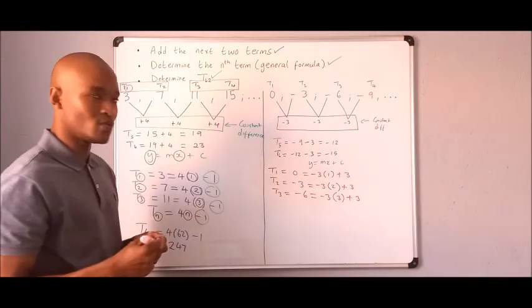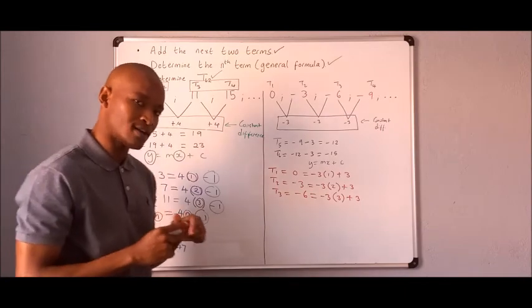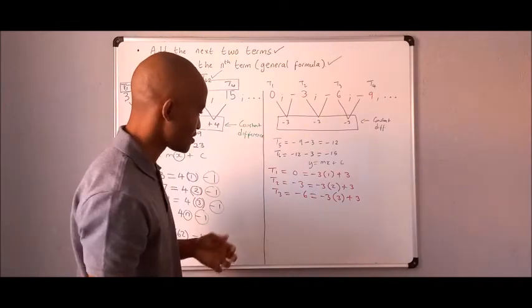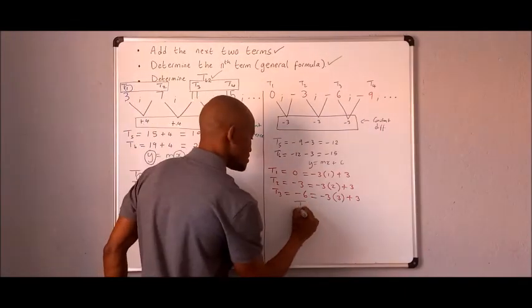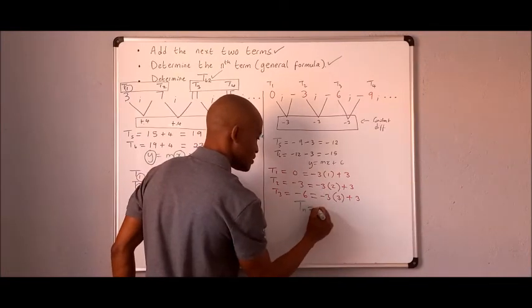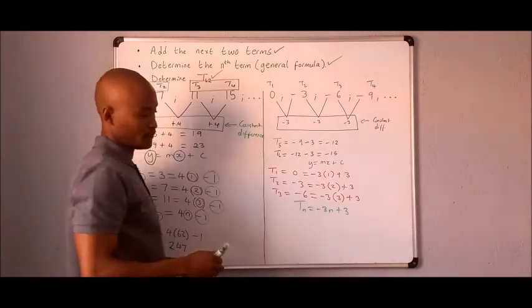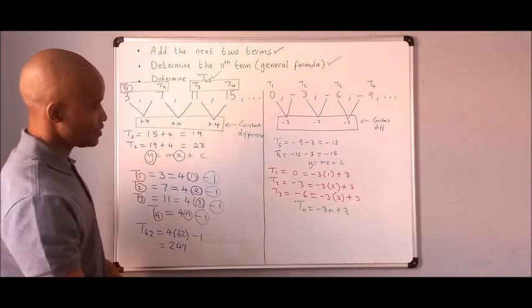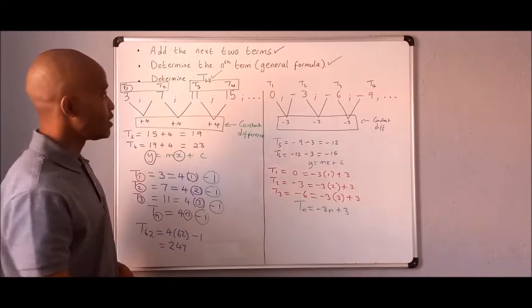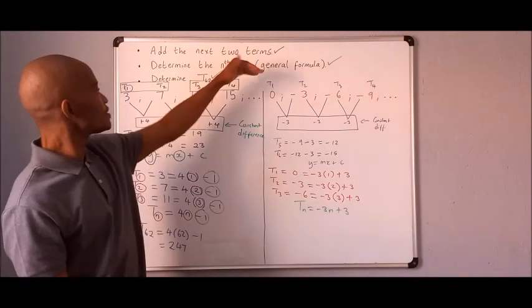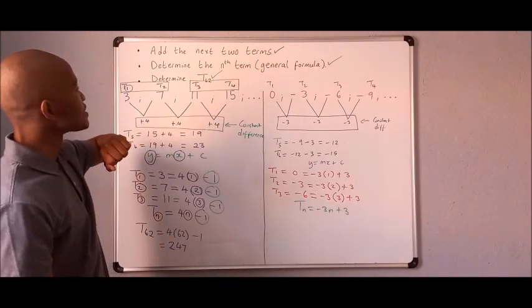So can we deduce now our general formula? Yes. How does it look? It is Tn equals negative 3n plus 3. And that's it. We have answered the second question.